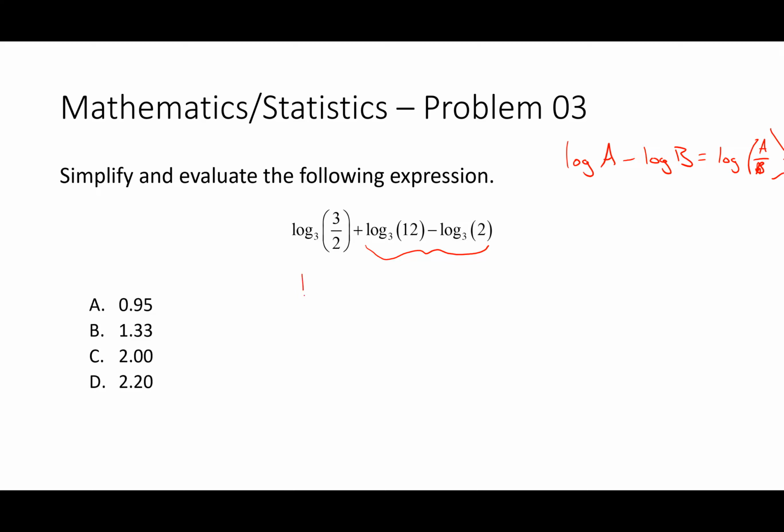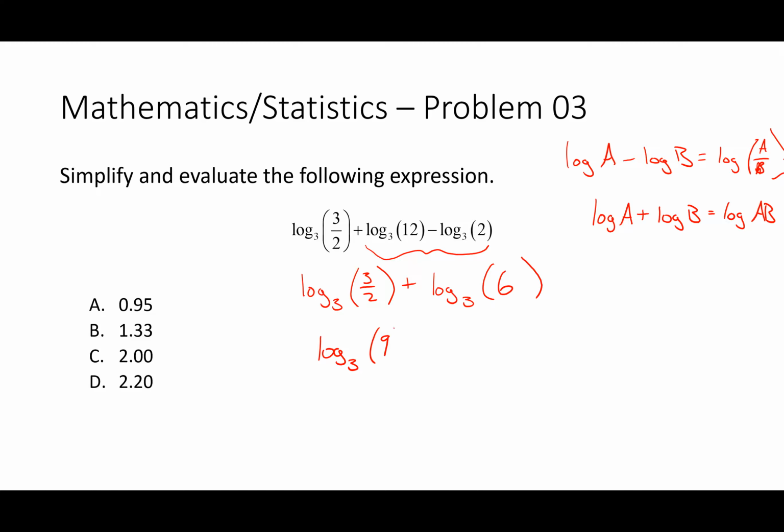So we can take this and represent it as 12 over 2, or maybe I'll simplify that even further and just say 6. And likewise, if you have the log of a plus the log of b, that's the same as the log of ab, multiplying them. So that's the base 3 log of 3/2 times 6, which is 9.